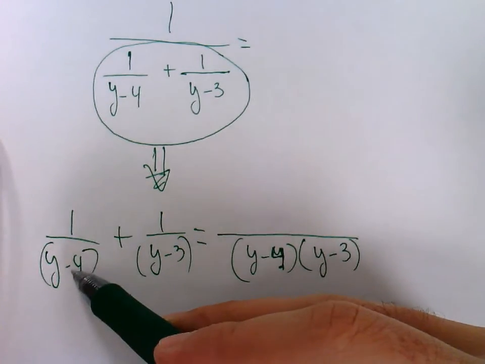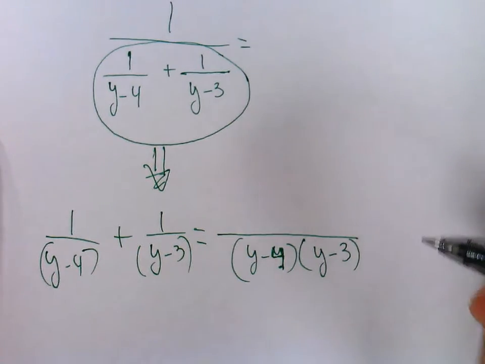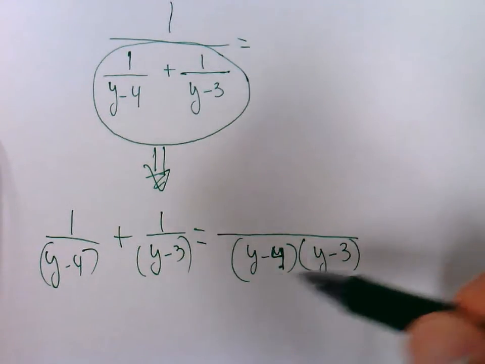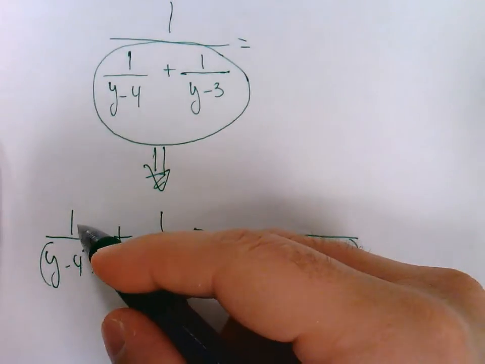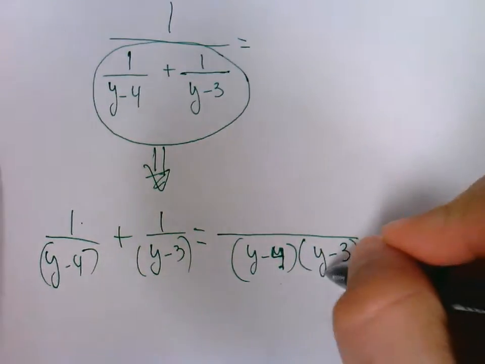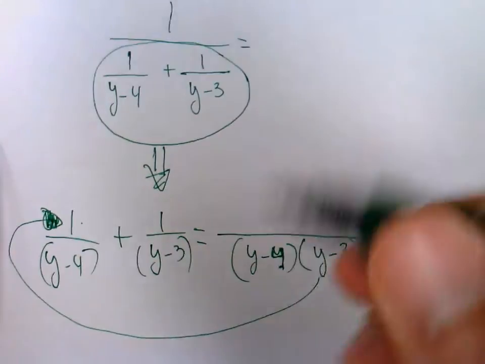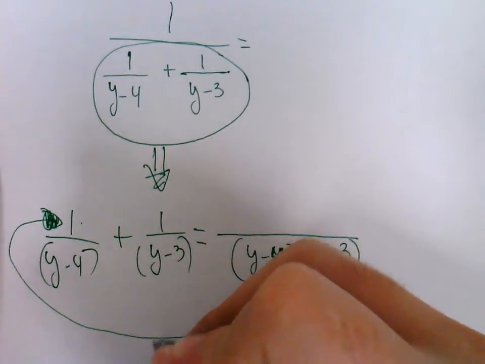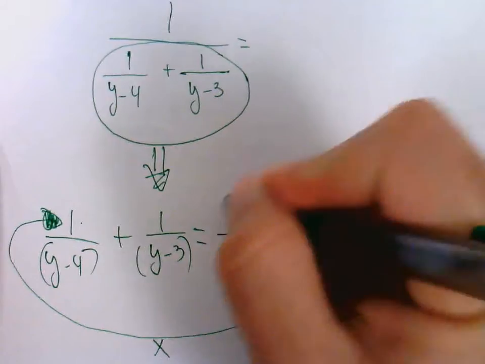In this case, y minus 4 times y minus 3 is just y minus 4 times y minus 3. And again, because I don't have a y minus 3 on this denominator, I need to multiply to my numerator here y minus 3 times 1, which is just y minus 3.